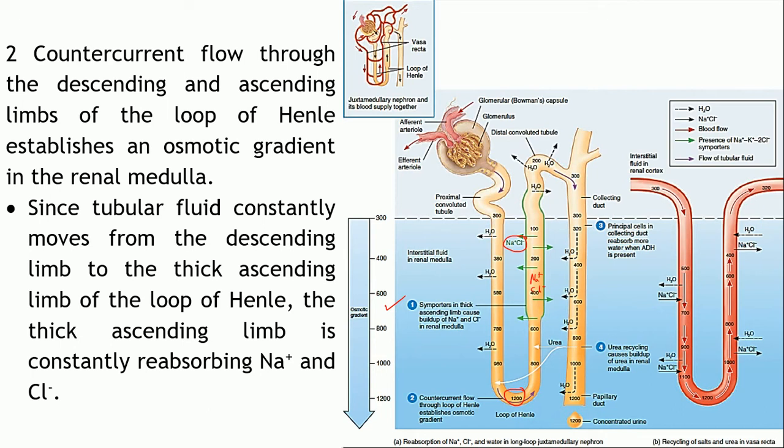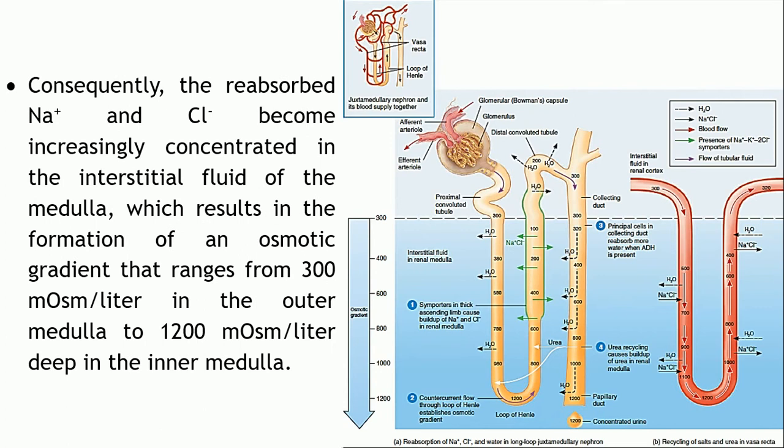So imagine if the osmolarity was not this much, what would have happened? The reabsorption of the ions would not have taken place, right. So this countercurrent flow of the fluid makes it possible to provide the supply of these ions for them to get reabsorbed in this particular region to maintain the osmolarity of your interstitial fluid, right.